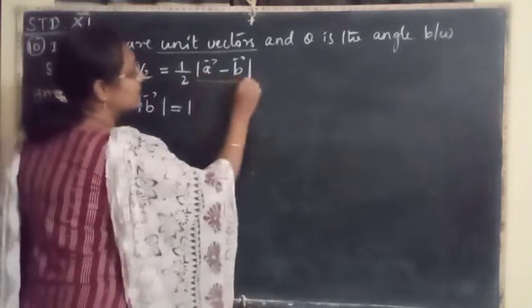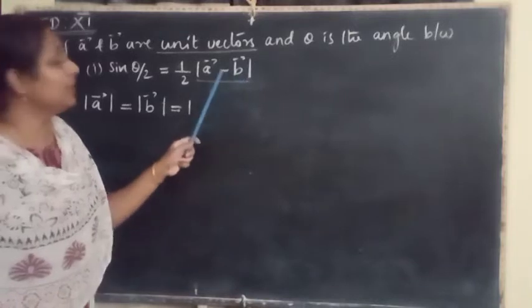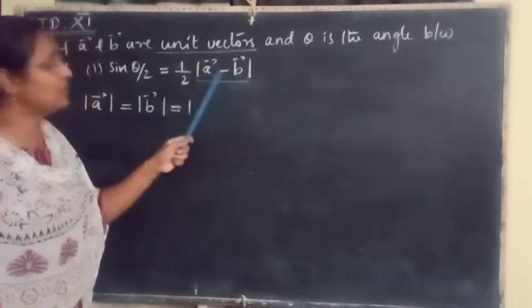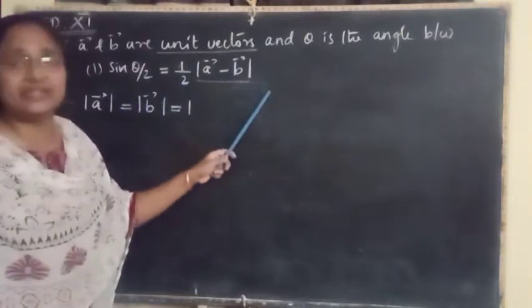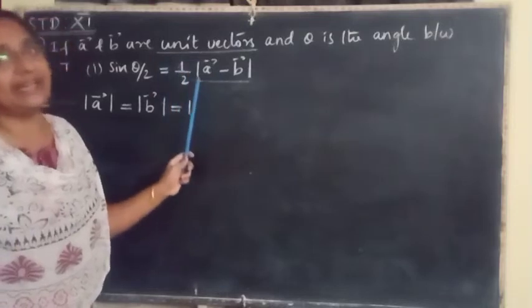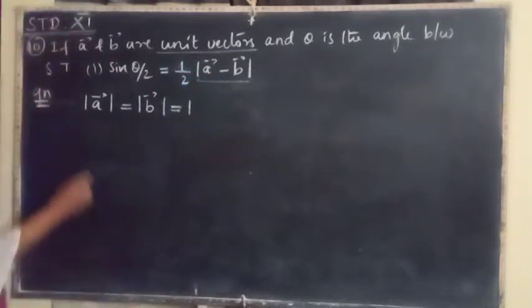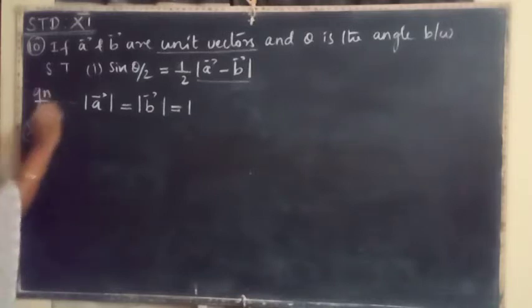The clue is modulus of A vector minus B vector. If you have minus, please consider the minus identity. In the next subdivision, we will have plus. If you have plus, you can consider the plus identity. So this is the important keyword to start with.